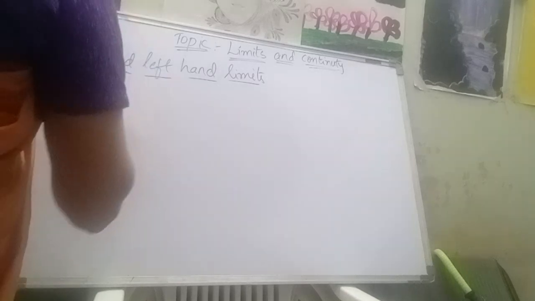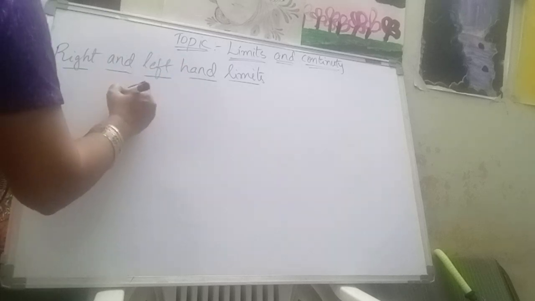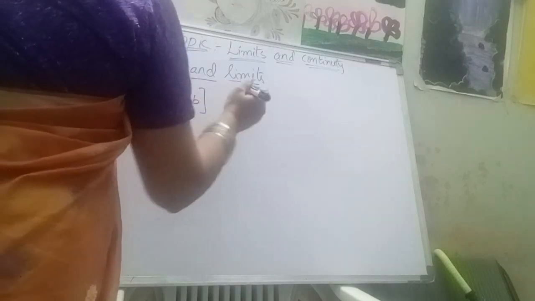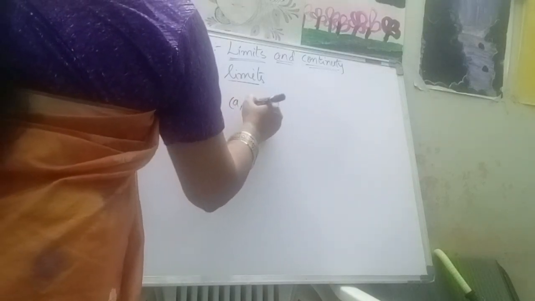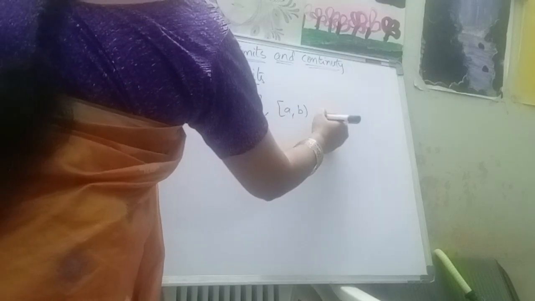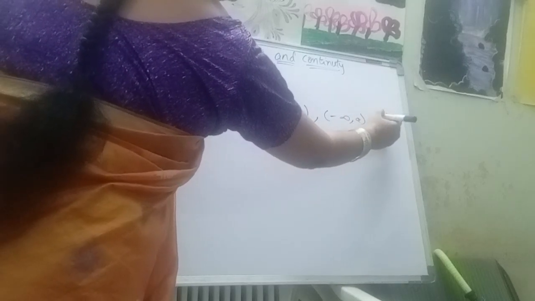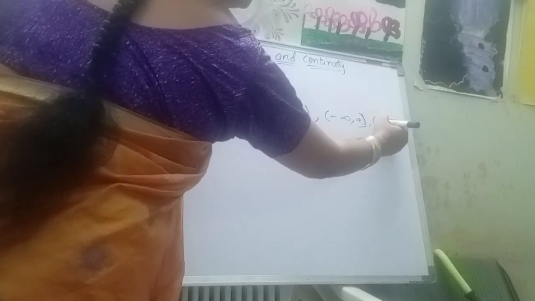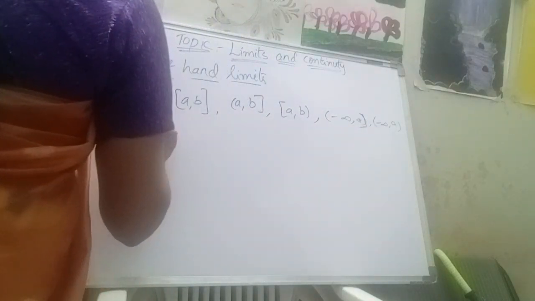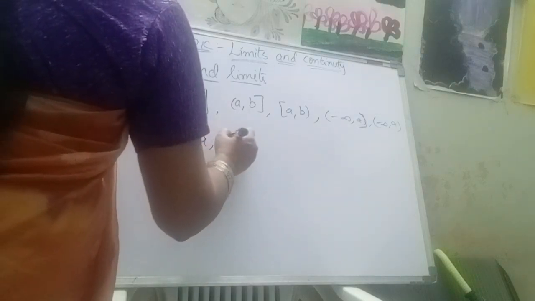For every limit, for example, what are the intervals and how are we taking them? Open interval a comma b, closed interval a comma b, one open and one closed, one closed and one open, and for infinity, minus infinity to a, and a to plus infinity.